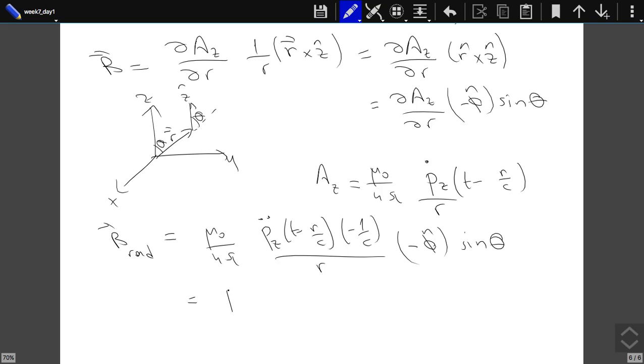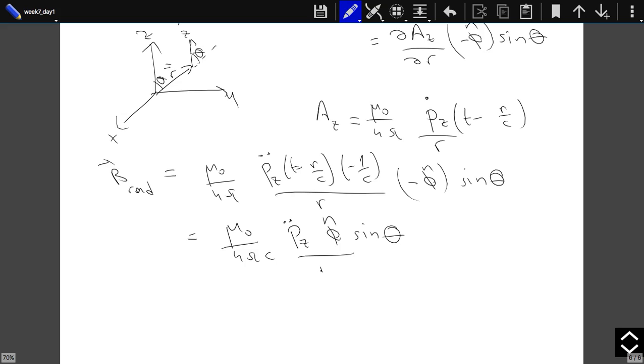This is mu0 over 4 pi c. Let me just write pz double dot, in the phi hat direction, times sine theta over r.